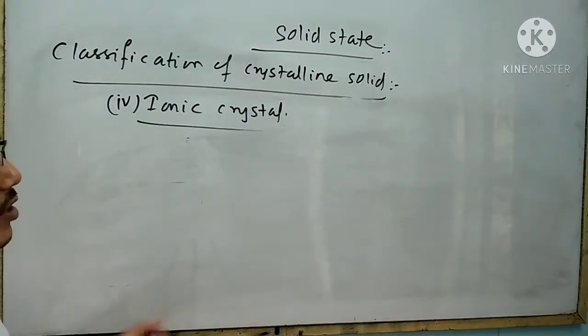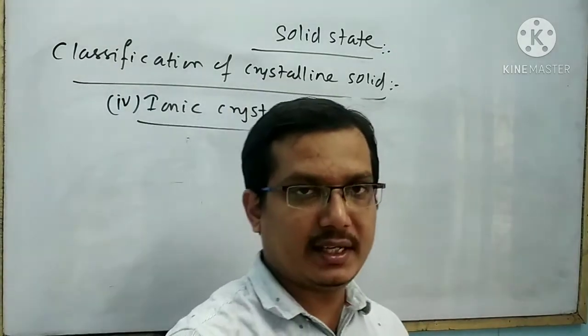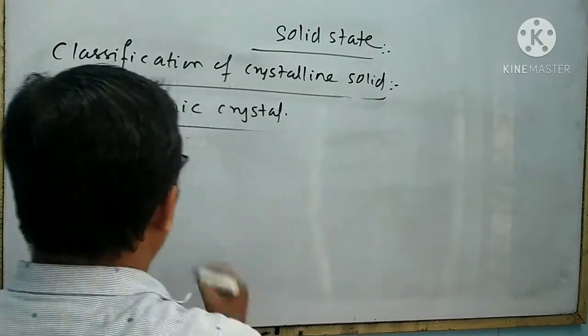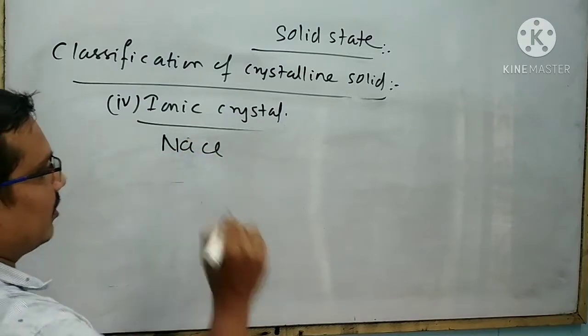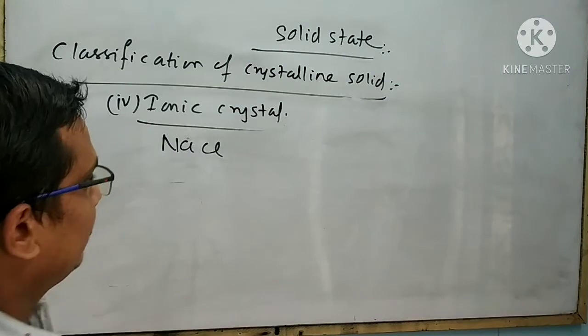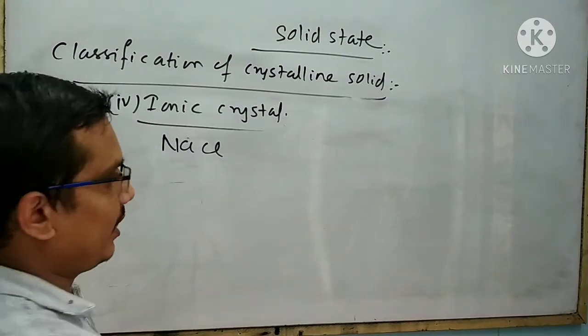Suppose I want to draw the diagrammatical representation of an ionic crystal. Suppose I will take NaCl. How can I draw the crystal structure of NaCl?